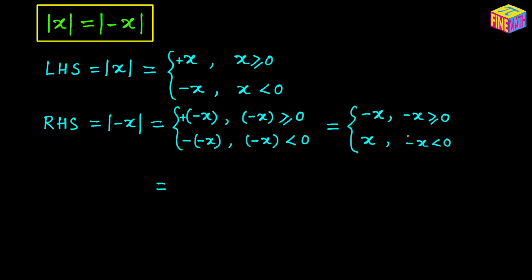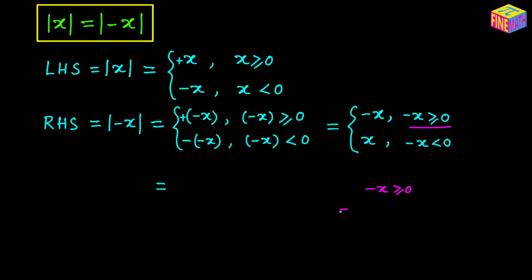Now if you look at negative x greater than or equal to 0, let me do a quick little math there. I'm just looking at this first situation. Negative x greater than or equal to 0, if we multiply both sides by negative 1, then the left hand side will become positive x.